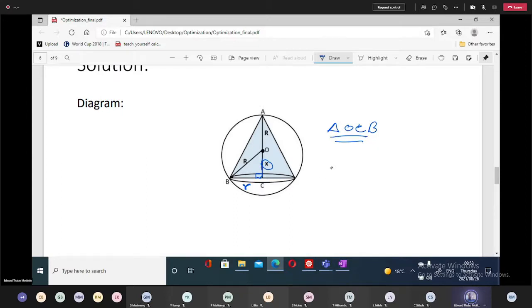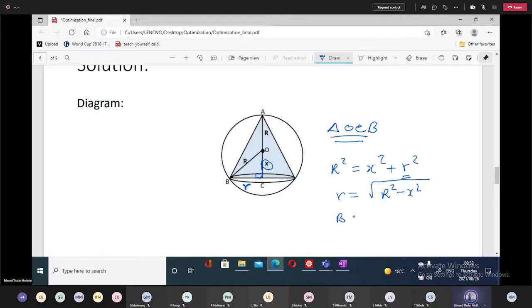So we can clearly see that R squared is equal to x squared plus small r squared. So we want to make this small r the subject of the formula. We can see that r is equal to the square root of R squared minus x squared.